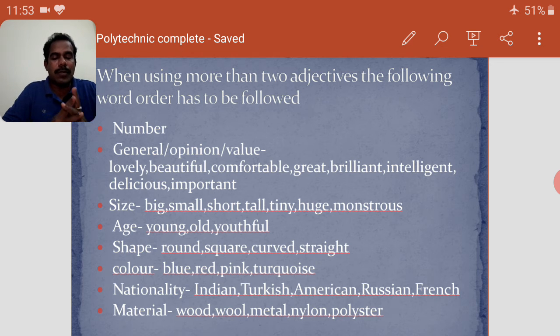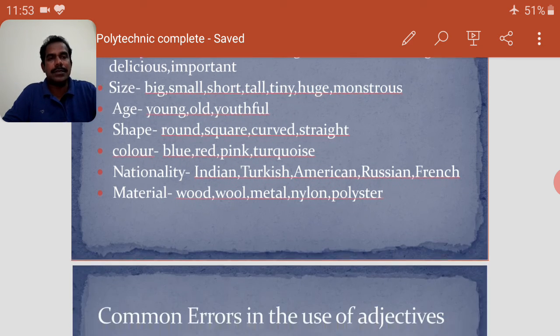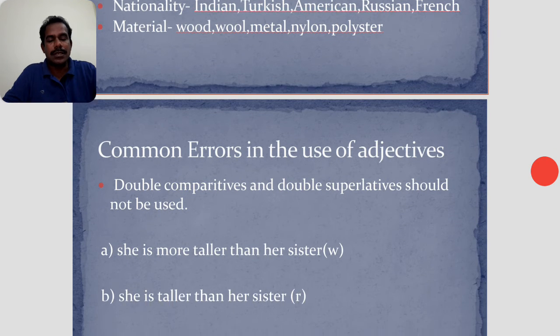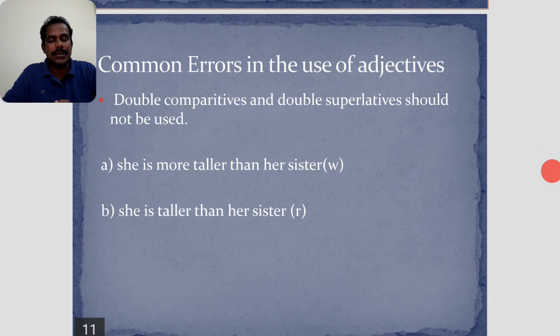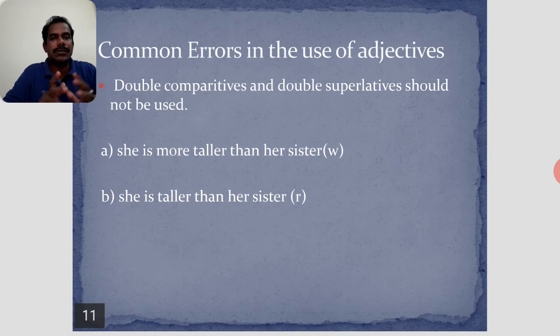One more part I would like to mention, dear students: common errors in the use of adjectives is also a part of our lesson. Every day in our life we speak or write many common errors. They are very, very important. We have to find and try to avoid them.